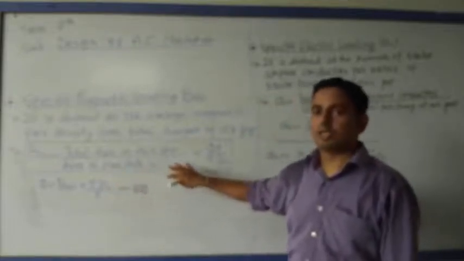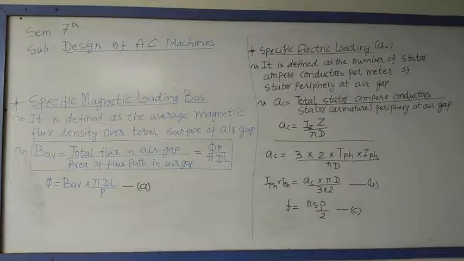Clear? Now, the second definition is specific electric loading. It is defined as the number of stator ampere conductors per meter of stator periphery at the air gap.